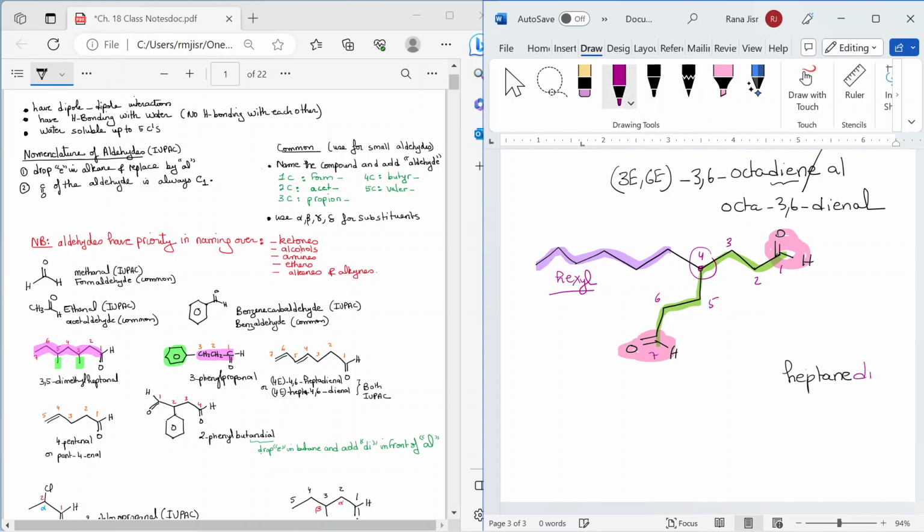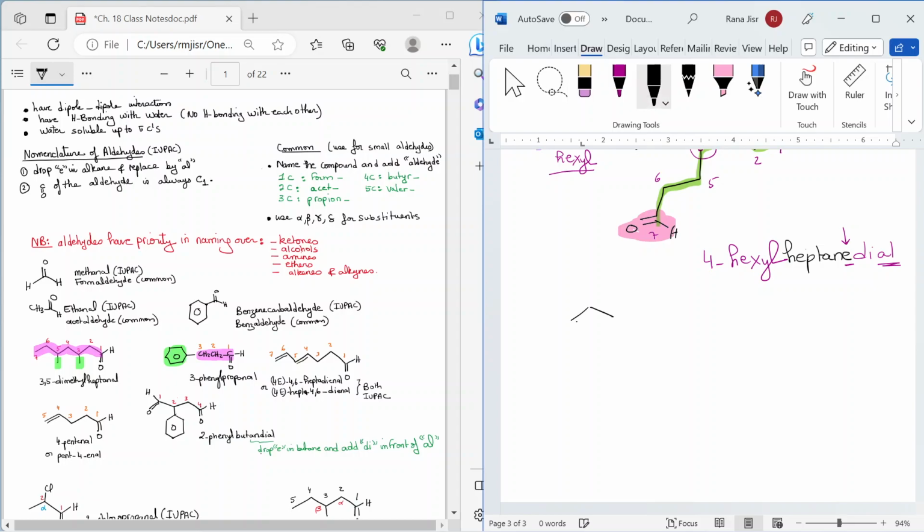Because there is a di separation between the al and the e, you keep the e and you don't drop it. You don't have to put numbers in there for the al because I know that both of them are terminal. Each one needs to be at the end. And then on carbon number 4, I do have my hexyl.